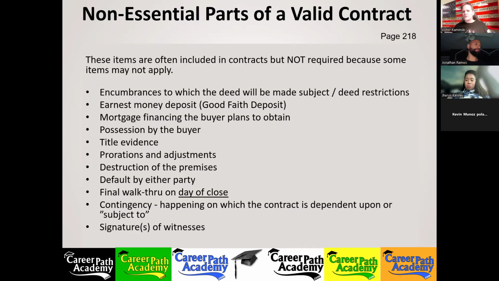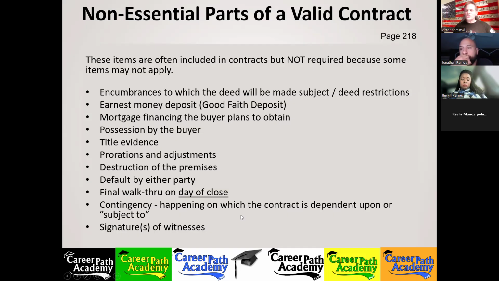Or this purchase is contingent on the completion of my lease, or if the landlord lets me out early so that I could go through with this purchase. Those are happenings in which the contract is dependent upon or subject to.